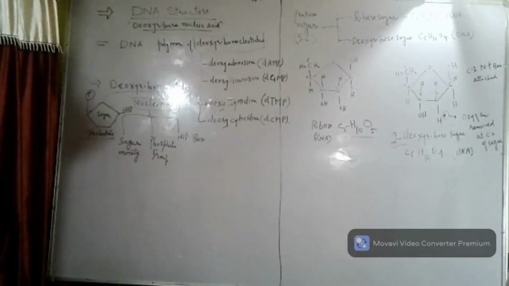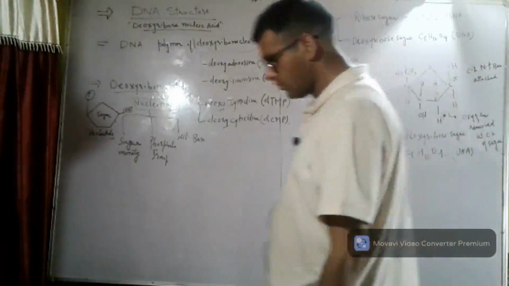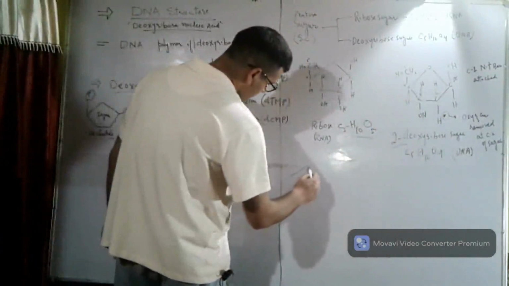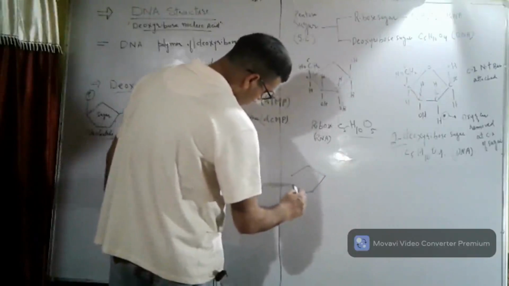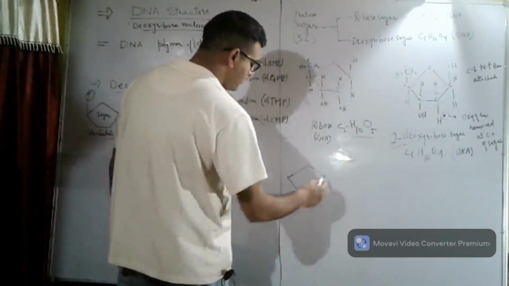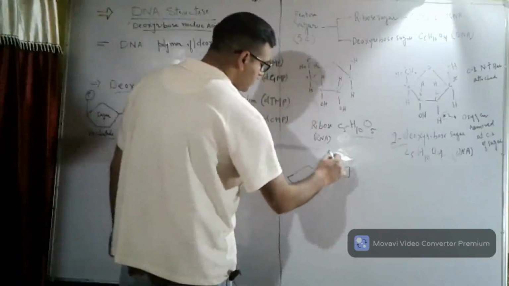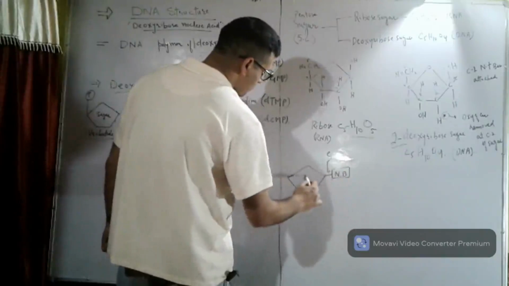So we have here the structure will be like this, glycosidic bond. For example, this is glycosidic bond, this is nitrogen base, this is sugar.